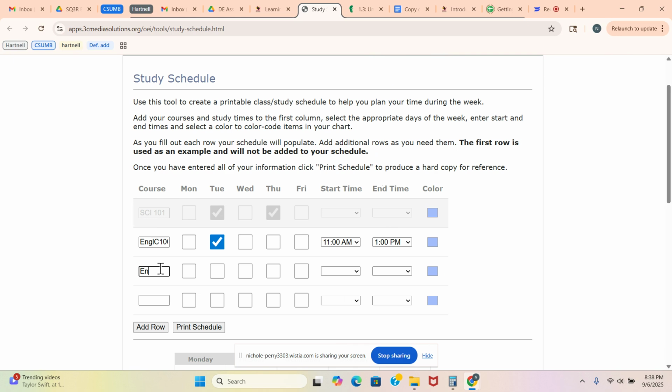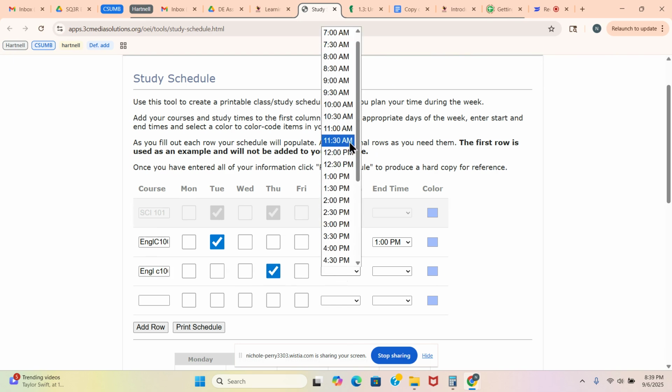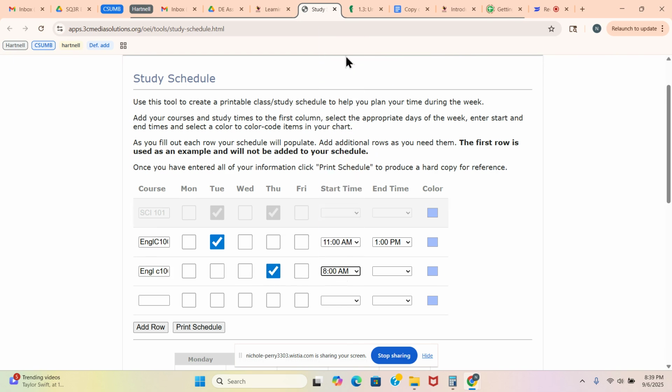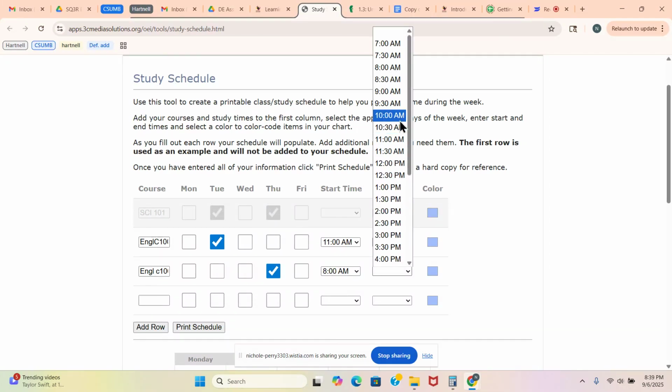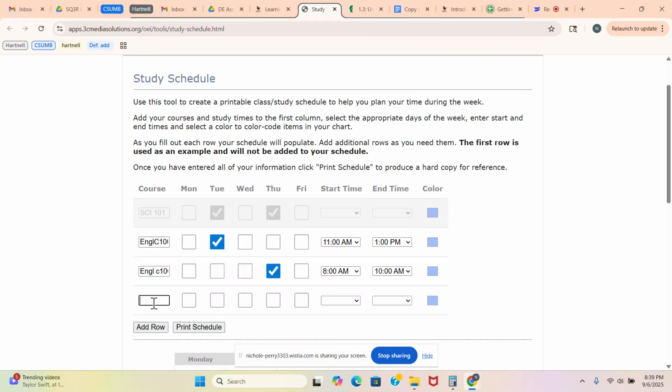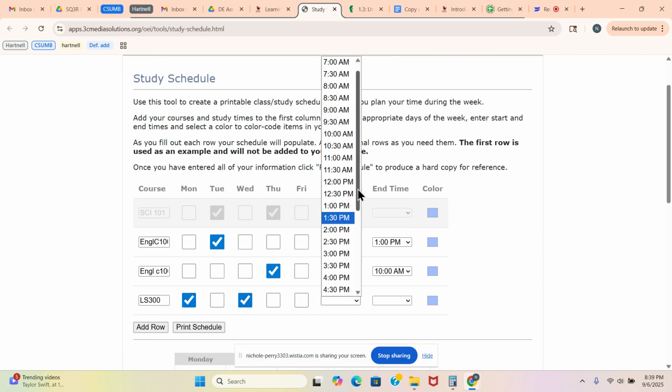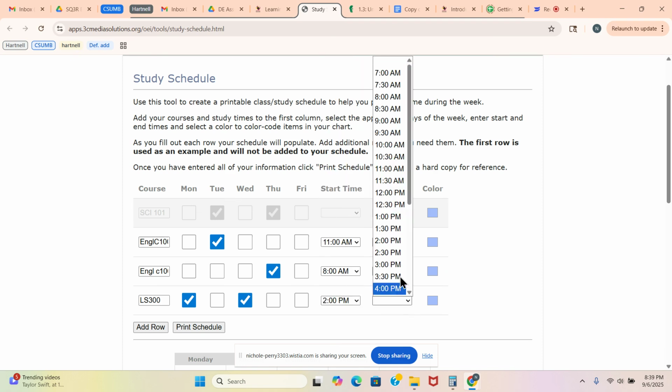Then I have English C1000E on Thursdays from 8, it's a very early class, to 10. Then I have LS300 on Mondays and Wednesdays from 2 to 3:30.